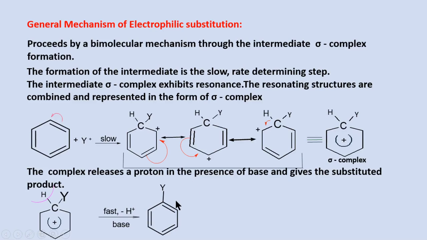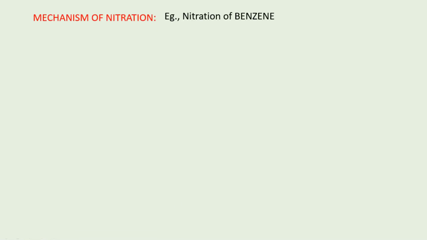So that the final product is obtained. Now, let us first consider the mechanism of nitration, with the example of nitration of benzene. When we compare it with the second slide, there we saw the electrophile represented as Y. In nitration, the Y is substituted as NO2.